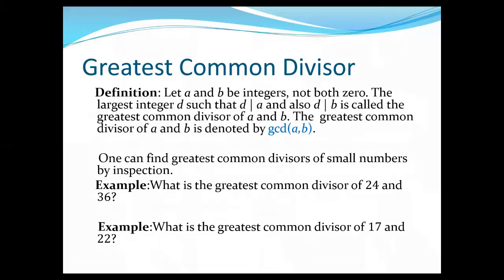Okay, so for example, what is the greatest common divisor of 24 and 36? We could list all the factors of 24 and 36, and then see which are common to 24 and 36, and which is the highest, that will be the GCD. So it is 12.